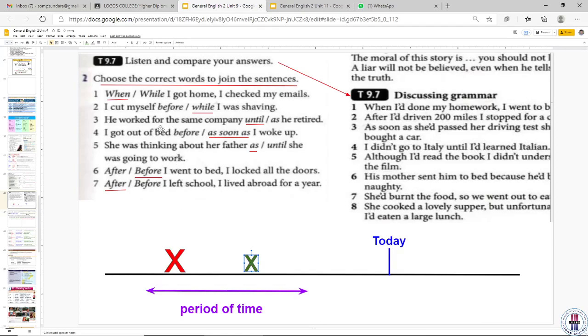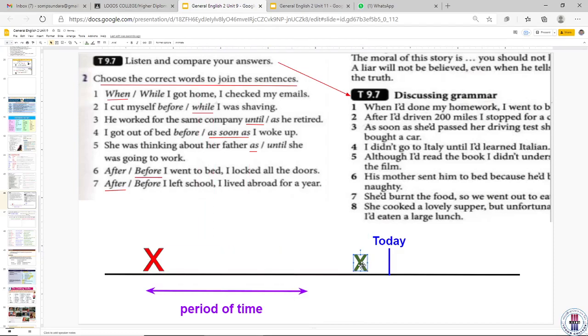Number 2, I cut myself while I was shaving. All right. So you started shaving first. All right, you started shaving here. And then from here, this is when you start, and then you stop shaving over here. Here to here, you were shaving. So sometime here, you could have cut yourself, maybe here or maybe here.